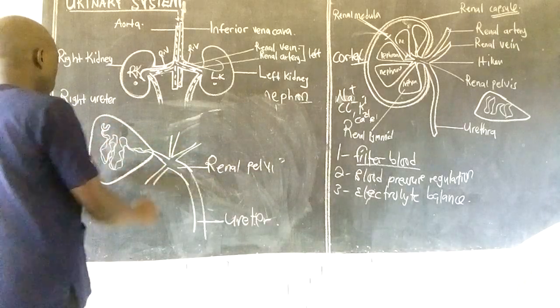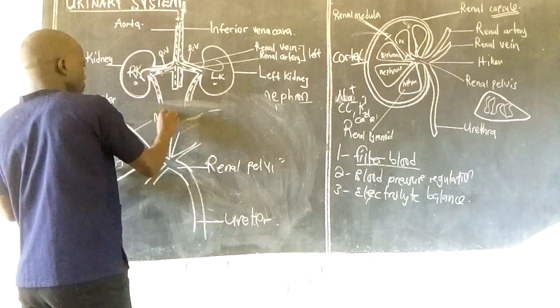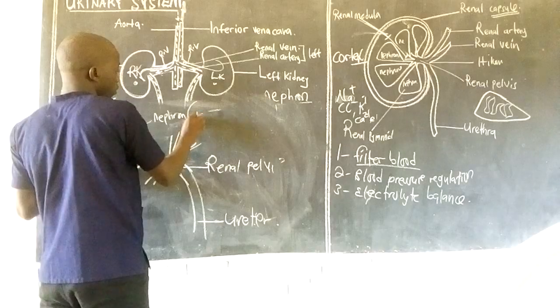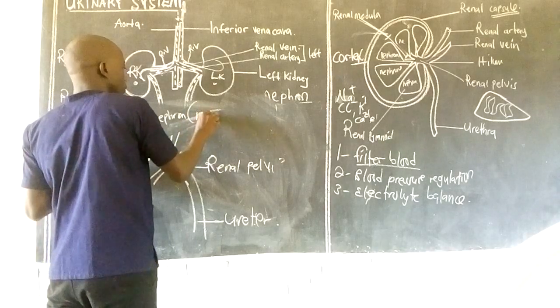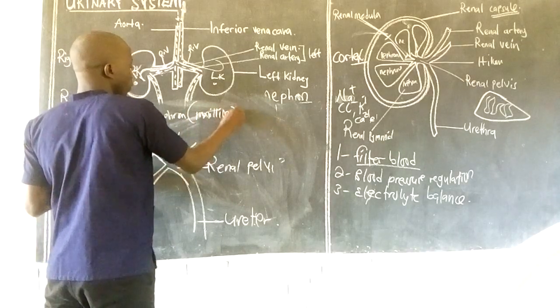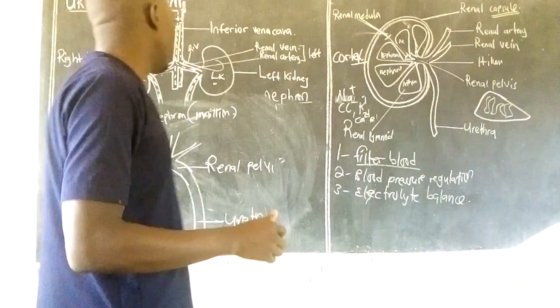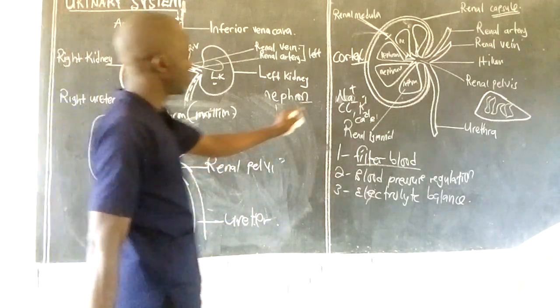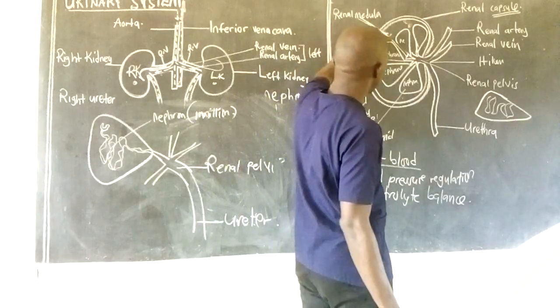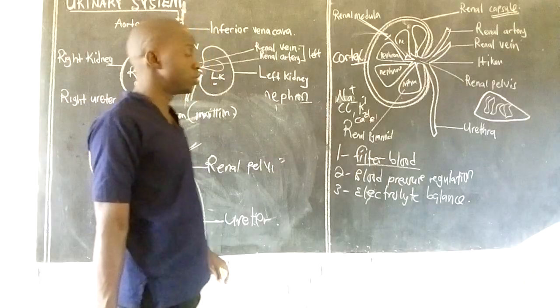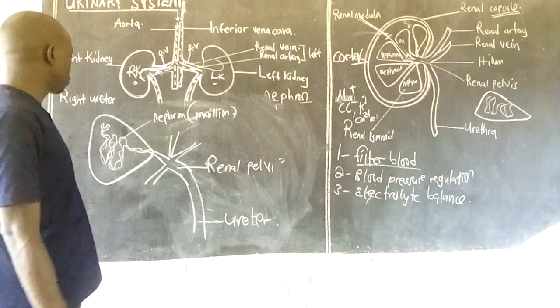So this is our nephron in the renal pyramid, which are millions. So we have millions of nephrons in one renal pyramid, whose function is urine formation.